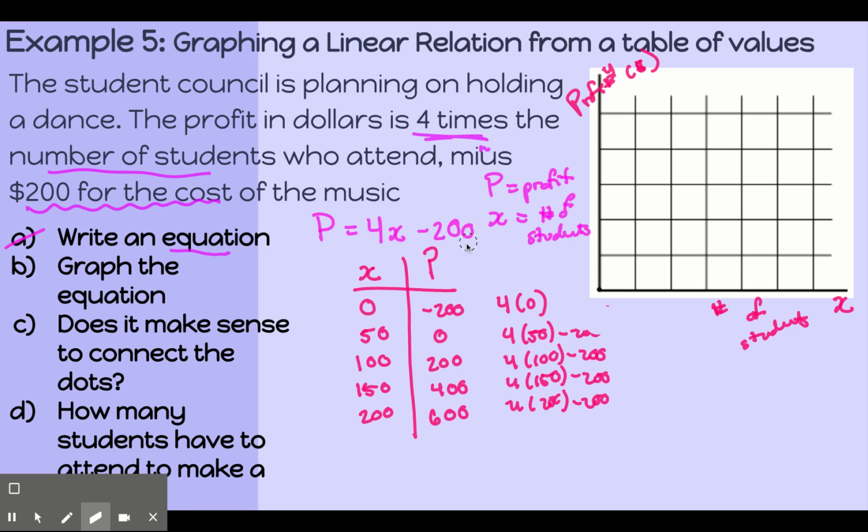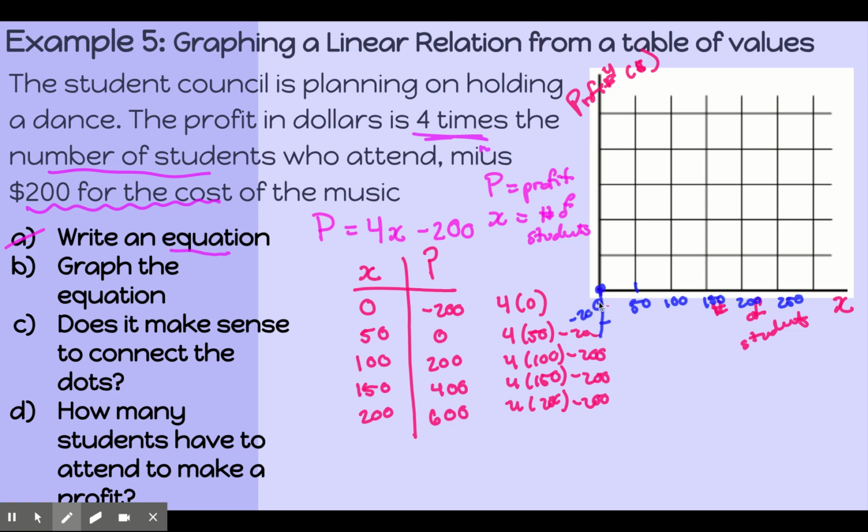All right. So 0, I'm going up by 50s. So 50, 100, 150, 200, 250. Looks like I should actually have this extended down below a little bit, so I'm just going to do a little cheat.